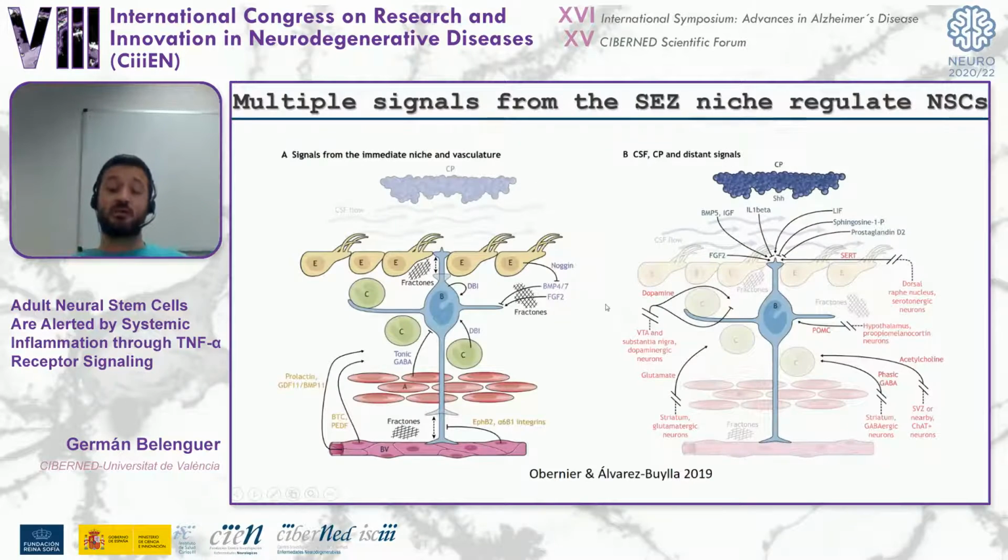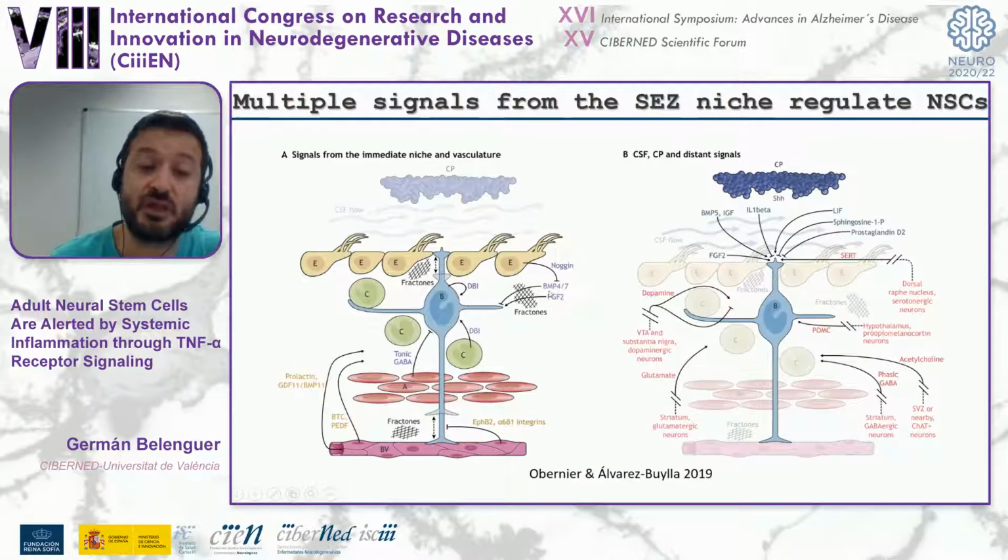It is well known that neural stem cells are regulated by many signals that come from the surrounding area, but also from signals that come from long distances through the blood vessels, and also from neurons, the choroid plexus, or the cerebrospinal fluid.